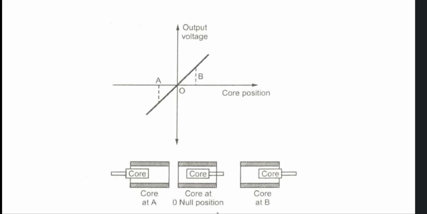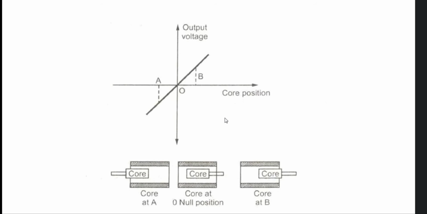Practically, we have to change the position of the core. Then we have to note down the output voltages. Then we have to plot the graph for the LVDT. This same thing we will be doing in the lab also. While I am handling the LVDT, I will explain how to change the core position and how to measure the output voltage for the LVDT, right?